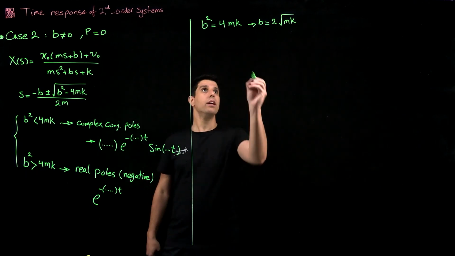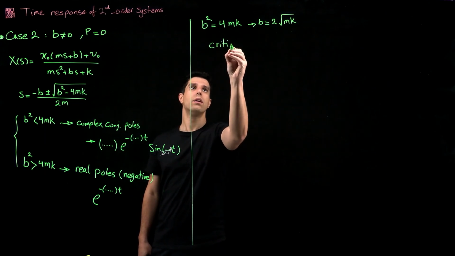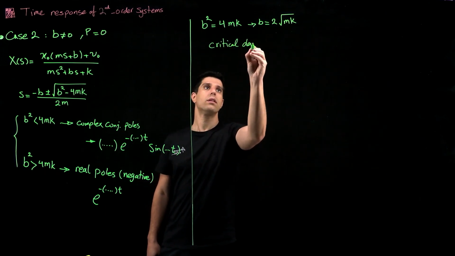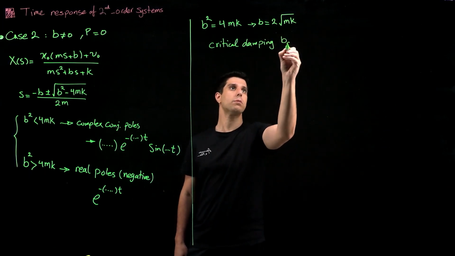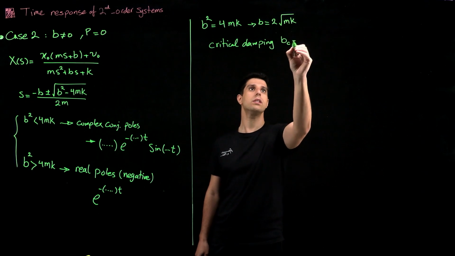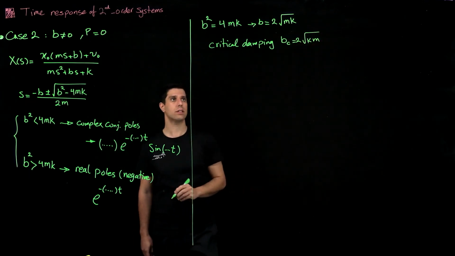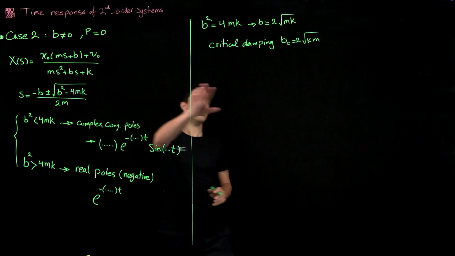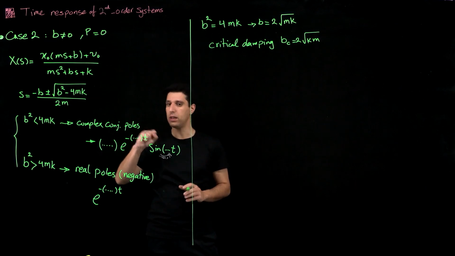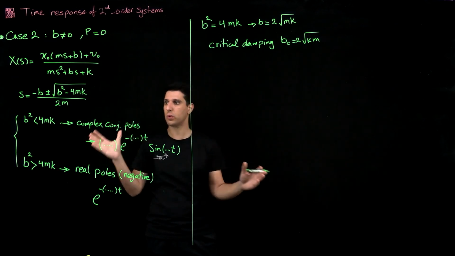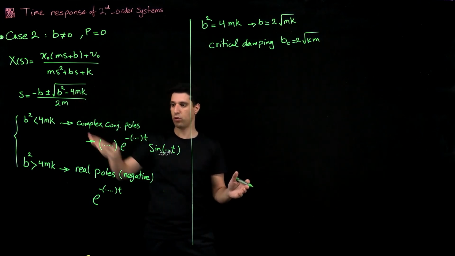And very aptly, this is called critical damping, usually shown with B sub c. B sub c is 2 square root of km. Depending on what mass and stiffness you have, there is one value of B that can decide whether your system will have oscillation or will have a pure exponential decay.